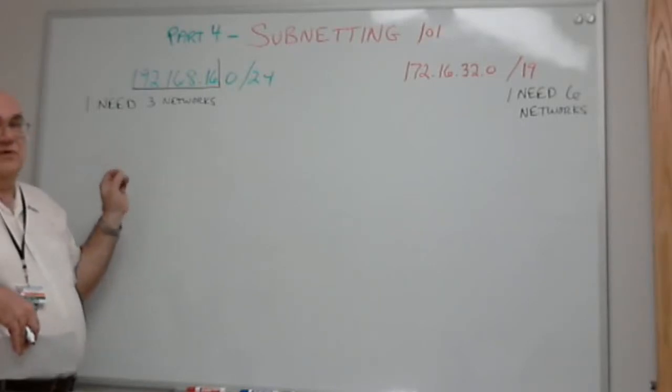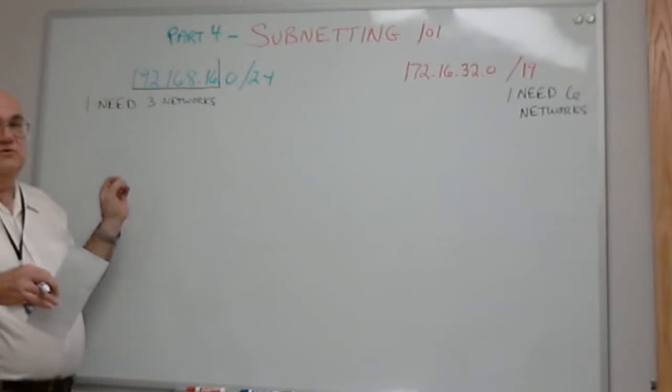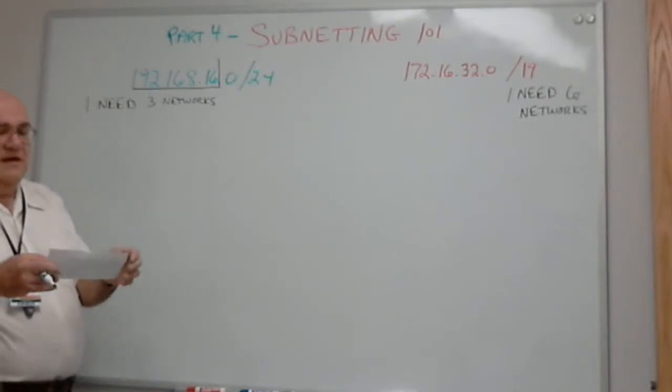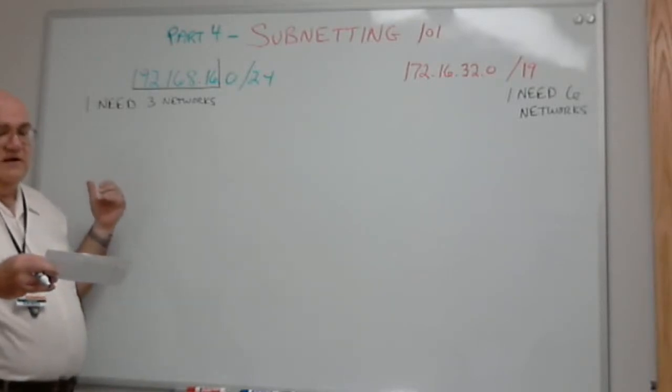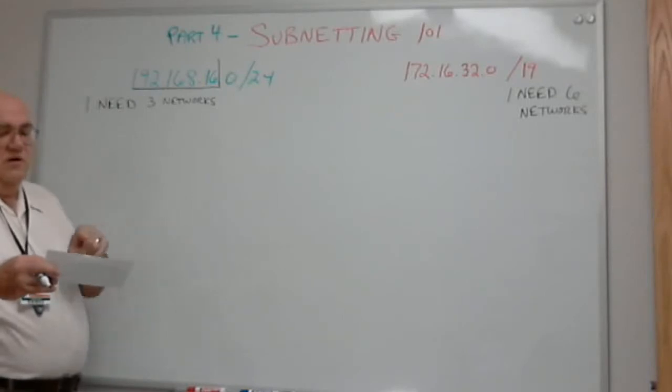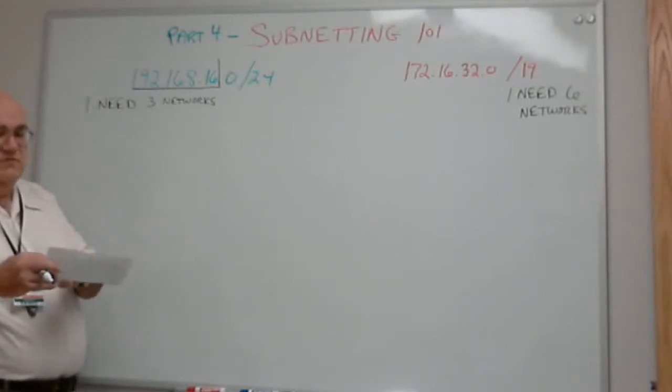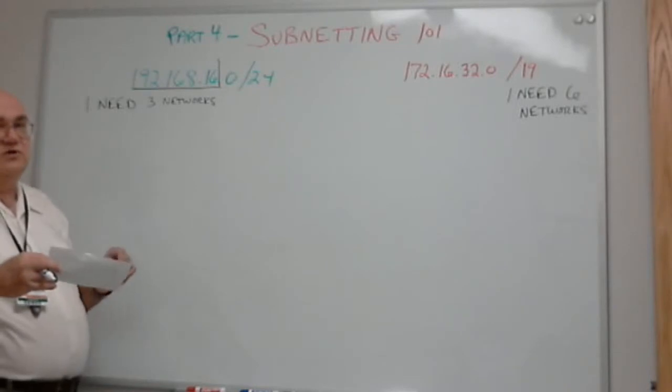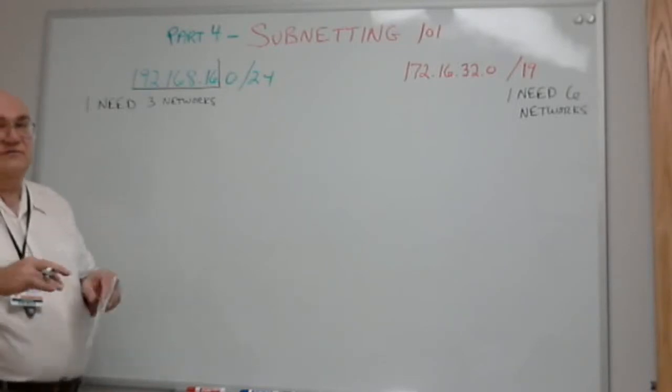In order to get 3, I've got to go all the way to 2 to the 2nd power. On your little card, go to bit positional value 4, because that's bigger than 3. 2's not, 4 is. Look above that and you'll see 2 to the 2nd power. That power is the number of bits I've got to steal.